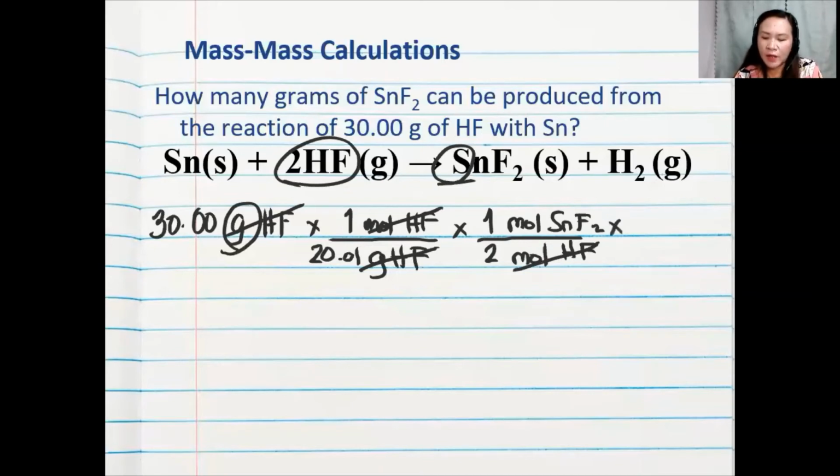Next we write the molar mass of SnF2 because we are again looking for the mass. Okay, and so since mole is above, we put 1 mole of SnF2, and the mass of SnF2 is 156.71 grams. And so this and this will cancel.